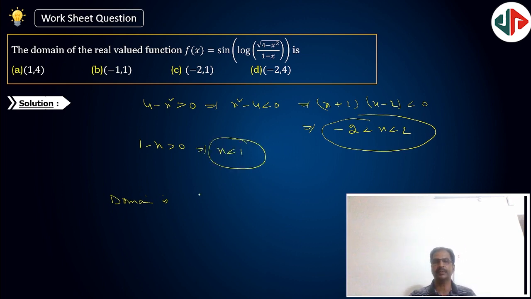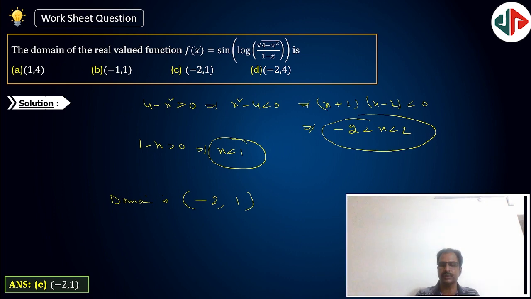So what will be the domain? Lies between minus 2 and 2 and less than 1, which means minus 2 to 1. Both are open. Option C. X should lie between minus 2 and 2 and it should be less than 1, which means x lies between minus 2 and 1 with open brackets on both sides.